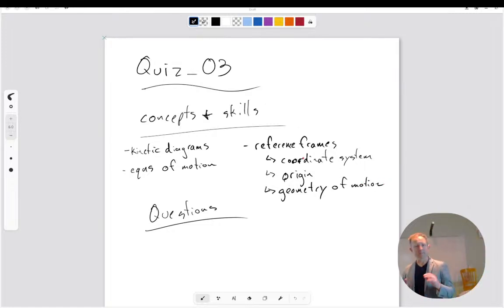Really it's just defining what is motion. If you measure motion, how do you define that? If something goes to zero, where is it? There is no absolute zero position of the universe.